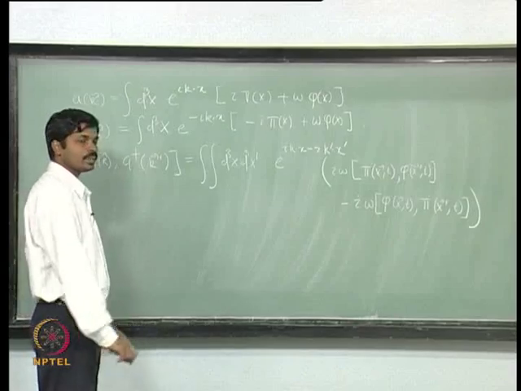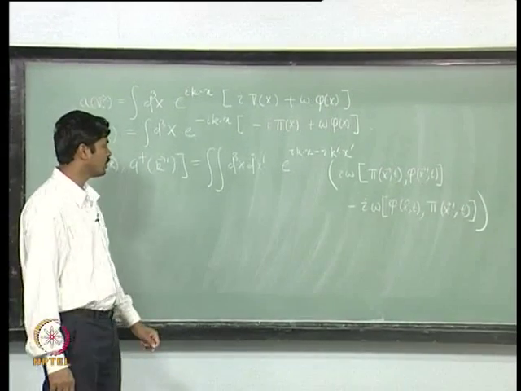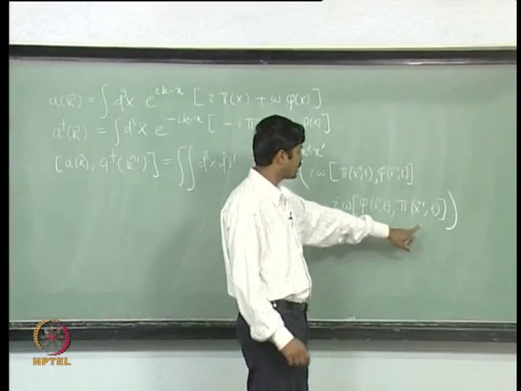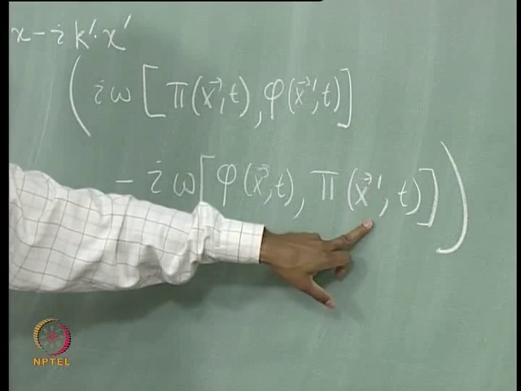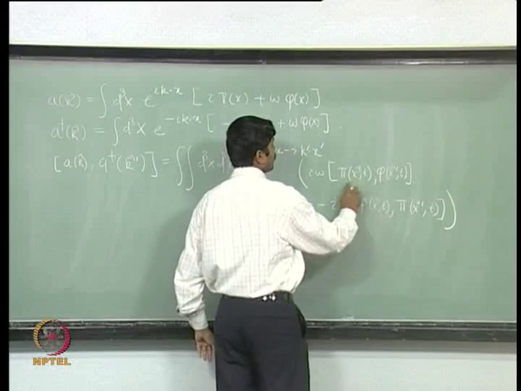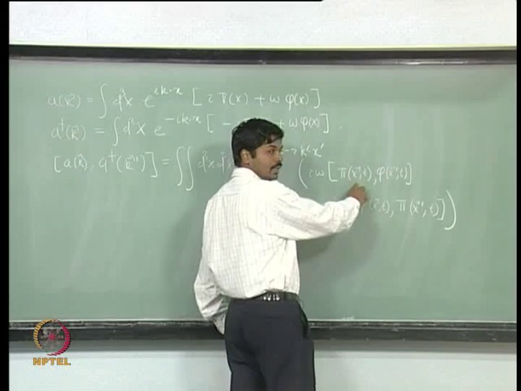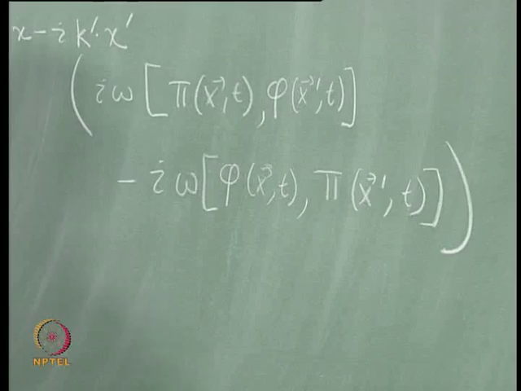Now, we will use the fundamental commutation relation, where this commutator here is minus i delta(x minus x prime). Similarly, here the commutator is i delta(x minus x prime).